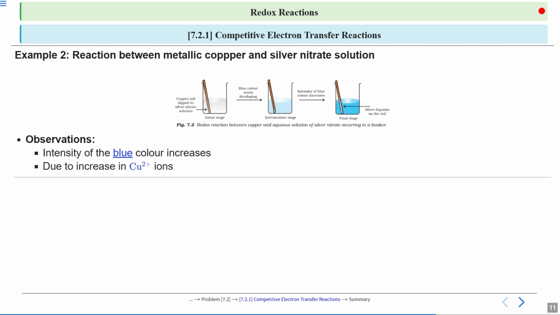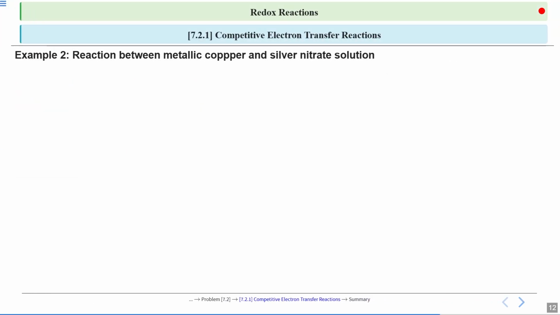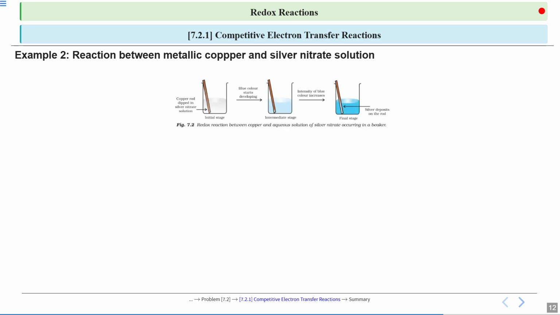This has happened because of the increase in Cu2+ ions. Now in this example of metallic copper and silver nitrate solution, in which the intensity of blue color has increased and silver is deposited on the rod, how can we understand it in terms of a chemical reaction?